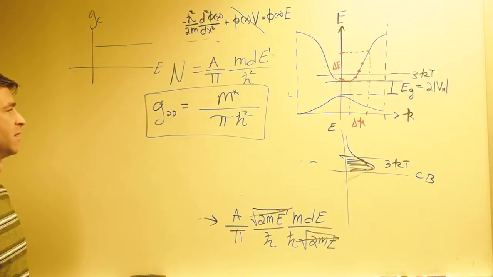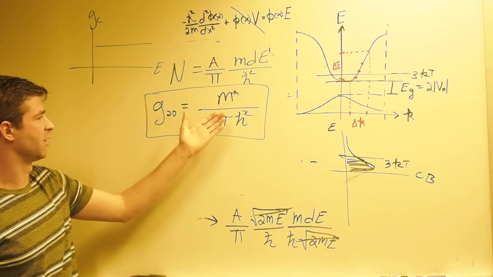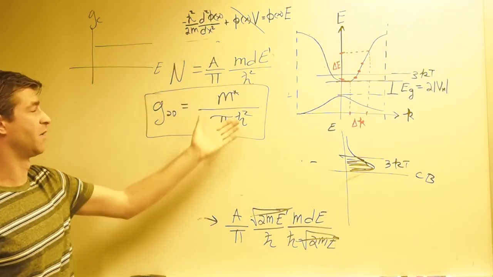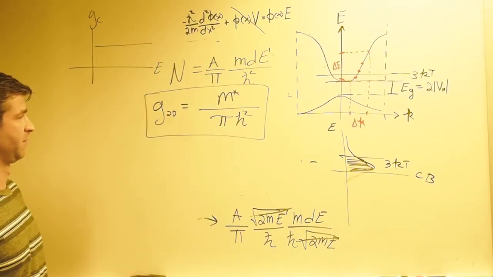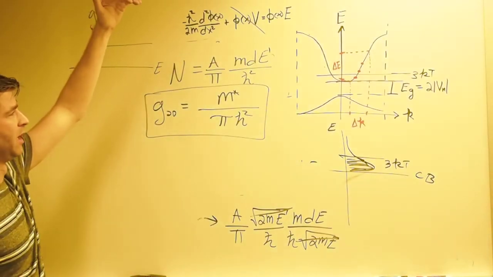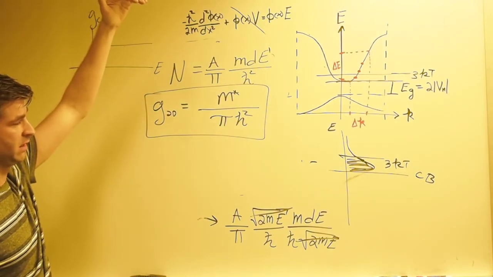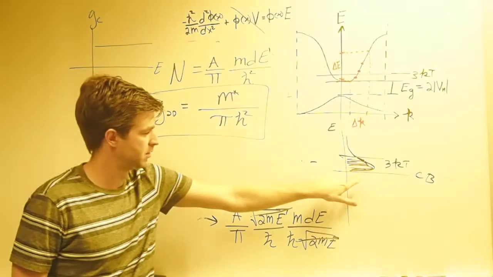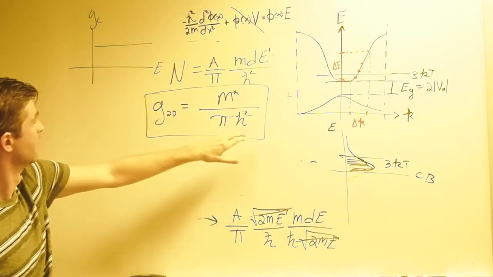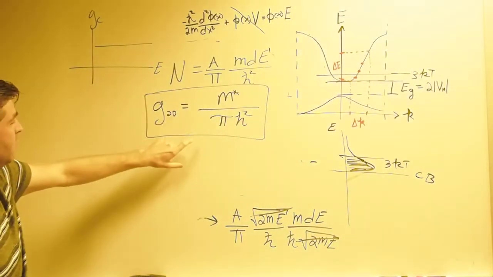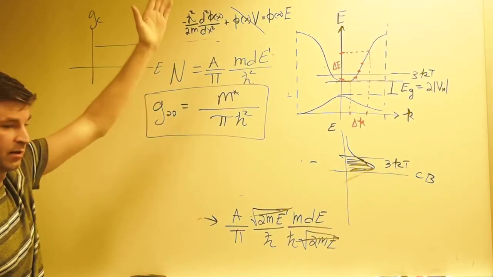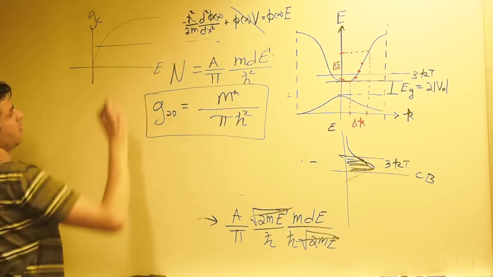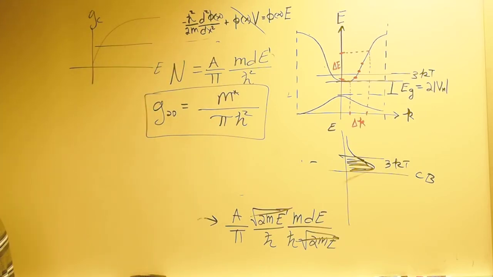It's true because m star is a function of energy, so it will change a little bit, but in general we have a lot more states as we go higher up, as opposed to the density of states in 3D, in which case it decays like this as we go up in energy. It saturates. So that's pretty interesting.